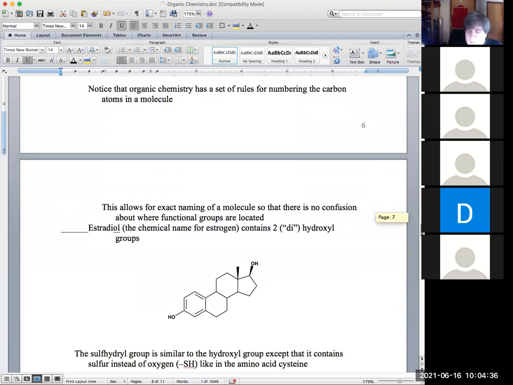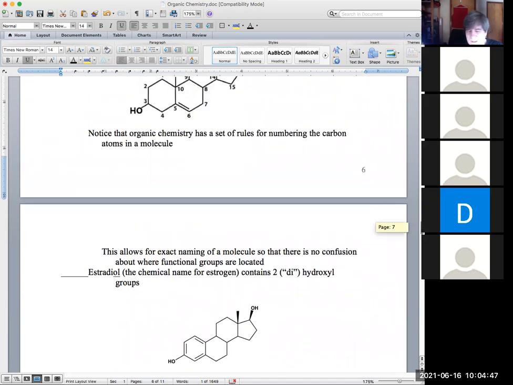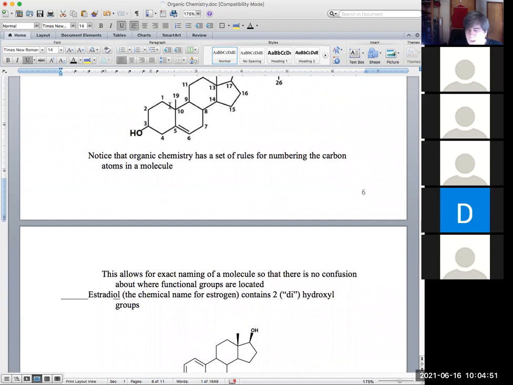Now, here's an example of another molecule that's made from this. Notice that here we've taken off our numbers. I don't think I can get these both in view at the same time. But notice up here, this would be an example of carbons forming a ring, or a cyclic molecule.